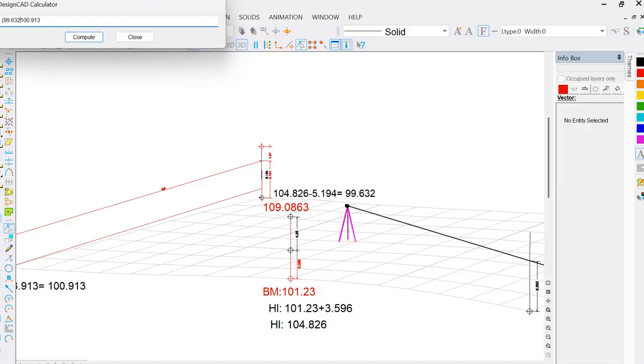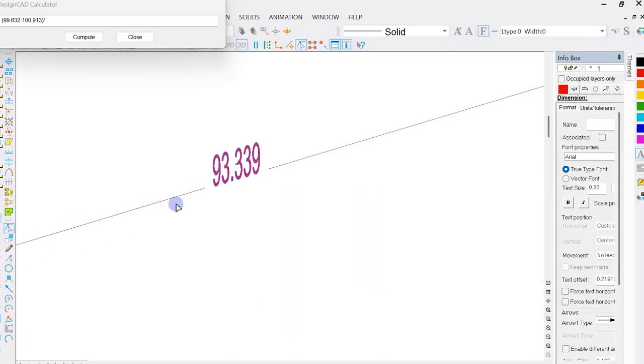Minus, parenthesis, divided by 93.339. All these would be hundreds if you were actually measuring it out.